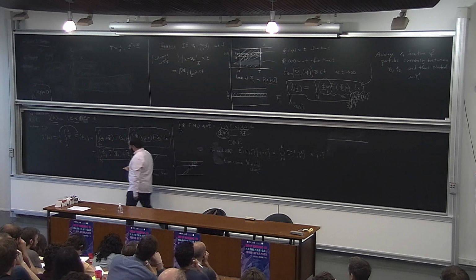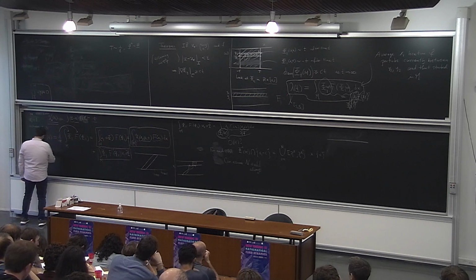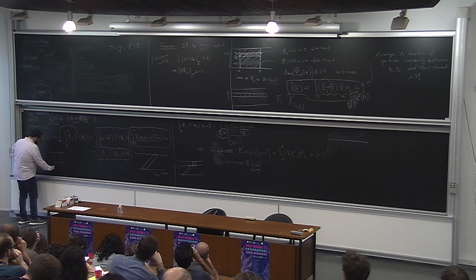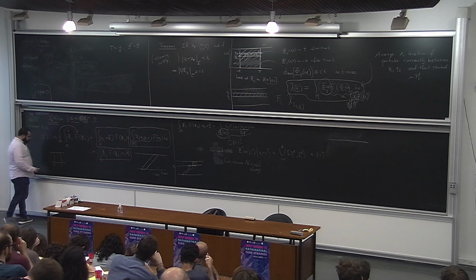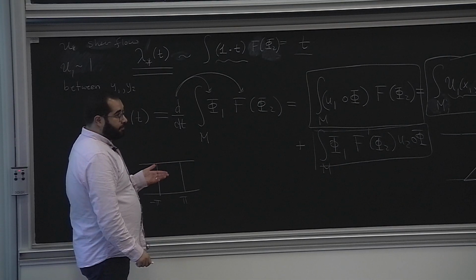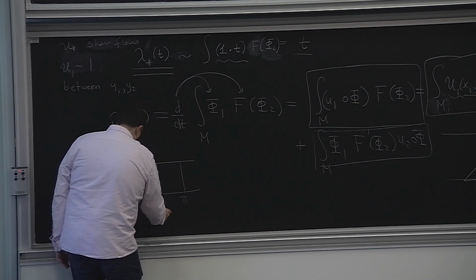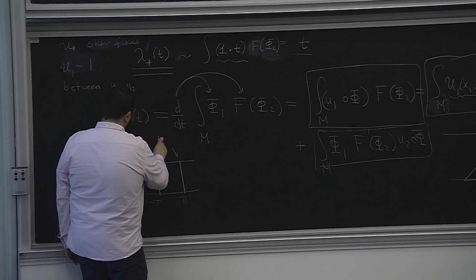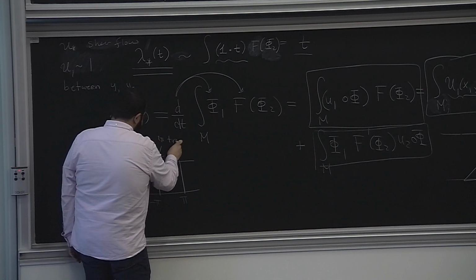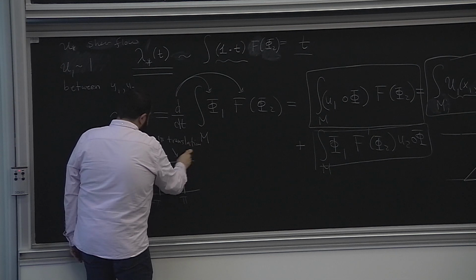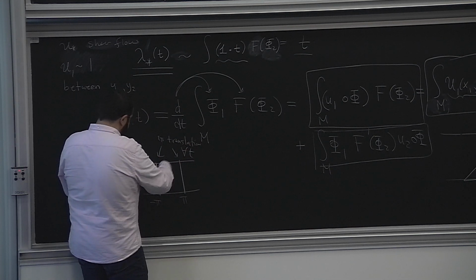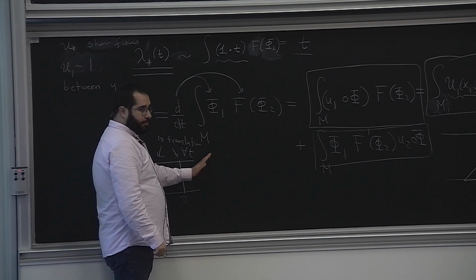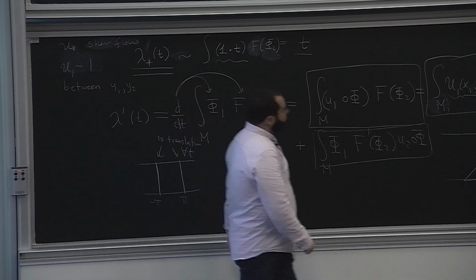Remember what we did: we're looking at the image of this domain, minus pi to pi, under a 2 pi periodic velocity. So these sides always remain 2 pi translations of each other for all time. This one will evolve as some curve, and this will just be its translate by 2 pi. Does that make sense? Okay.